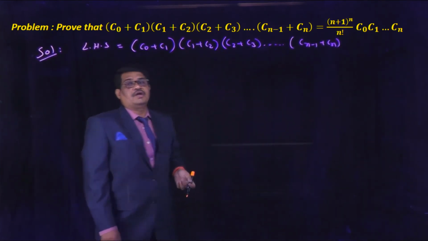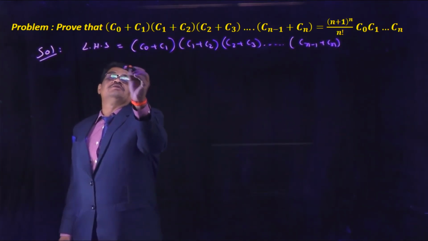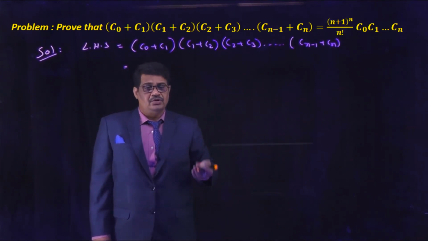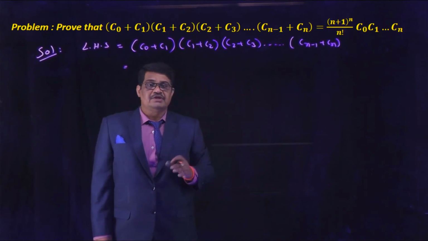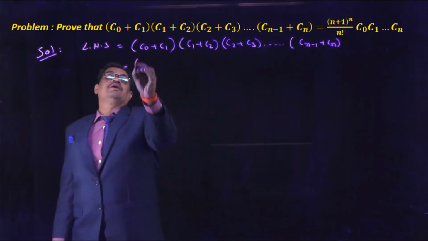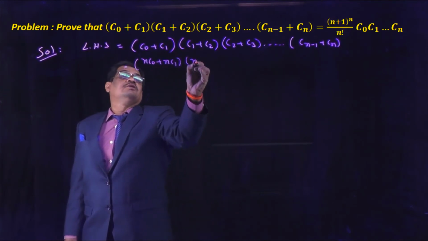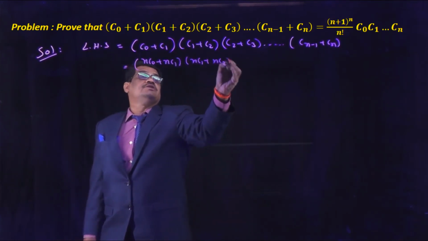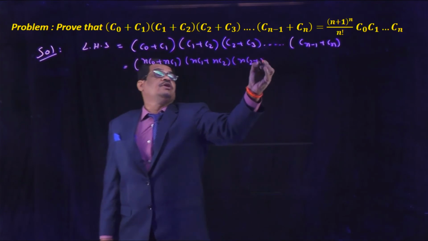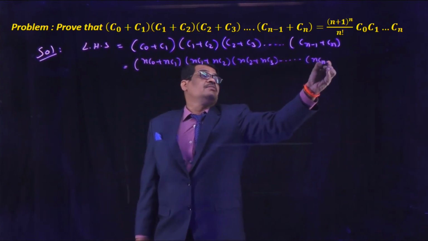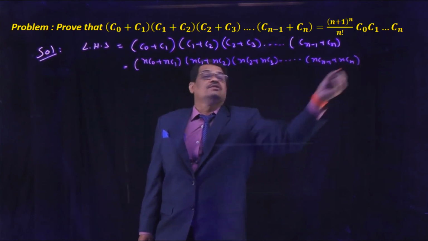Now we are writing this. C0 we are denoting simply, actually that is nC0. Now we write nC0 + nC1, here nC1 + nC2, here nC2 + nC3 and so on, nCn−1 + nCn.